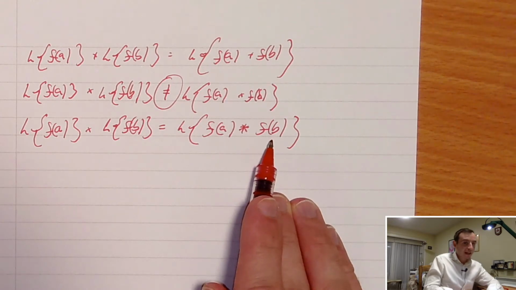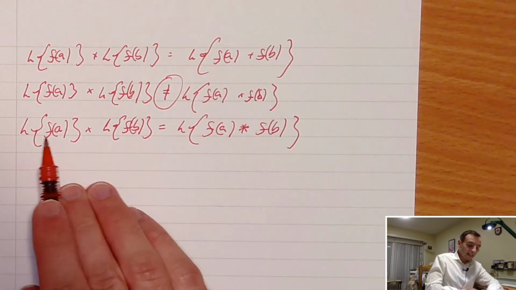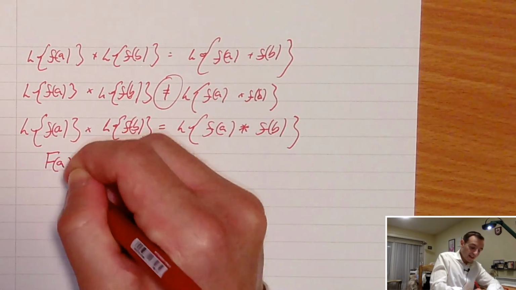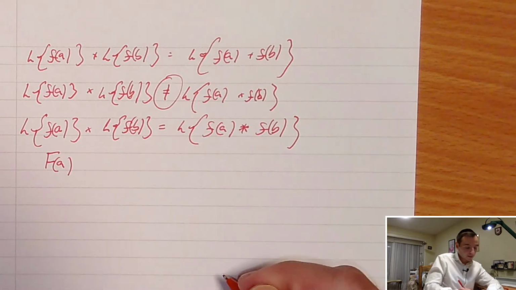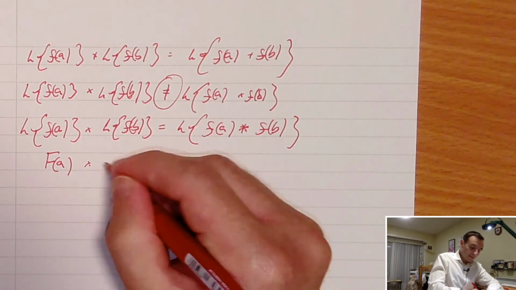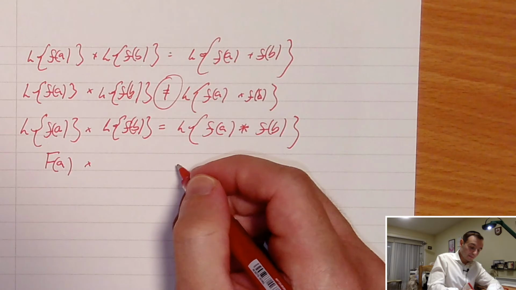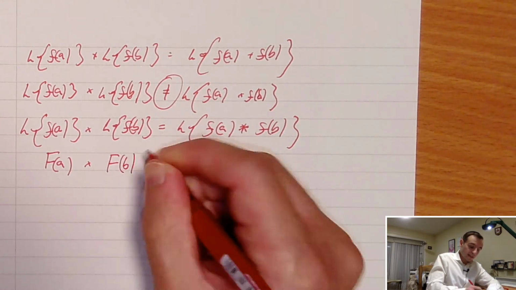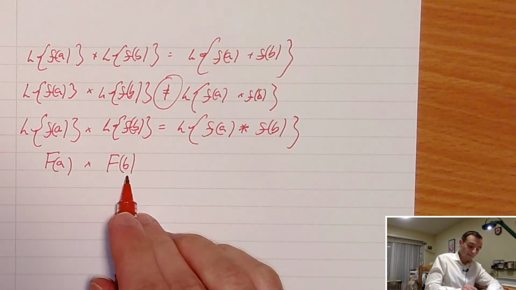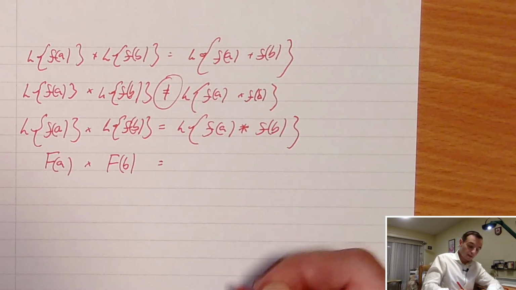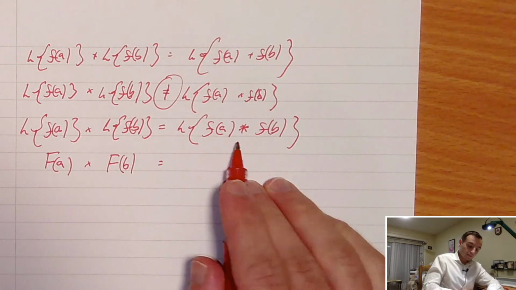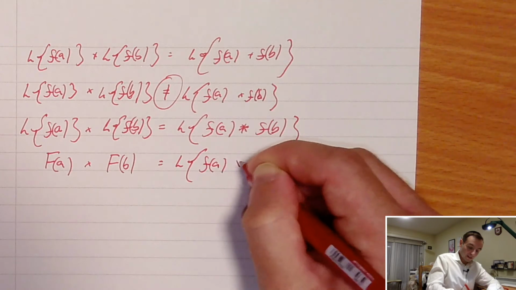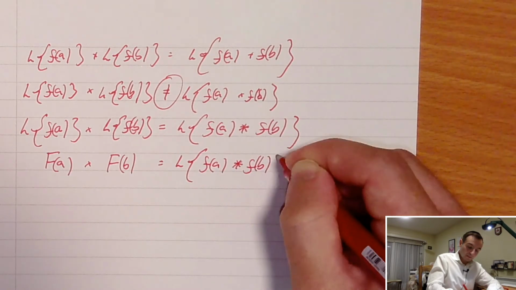Now let's be a little bit clever. Let's replace the Laplace transform of f of a with capital F of a, and times that by the Laplace transform of f of b, which we're going to write as capital F of b, equals the Laplace transform of f of a convolved with f of b.